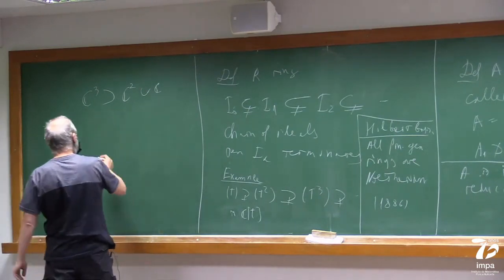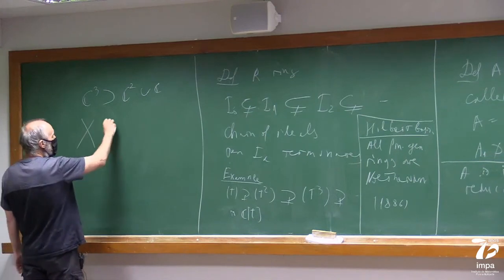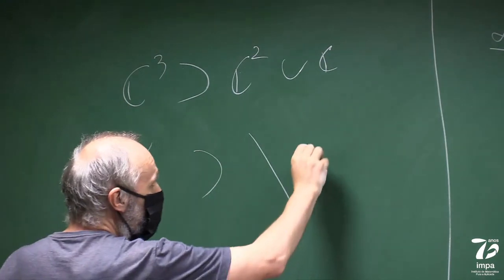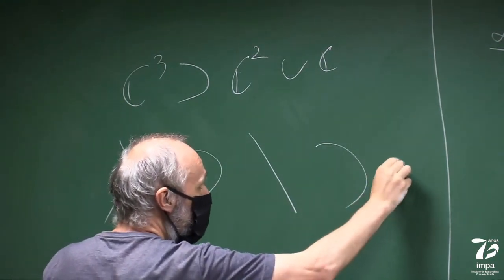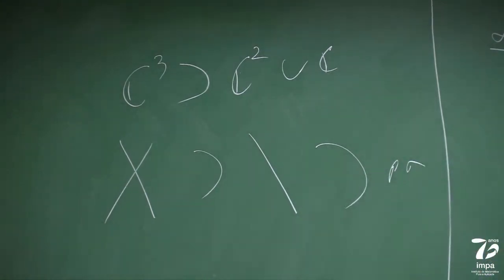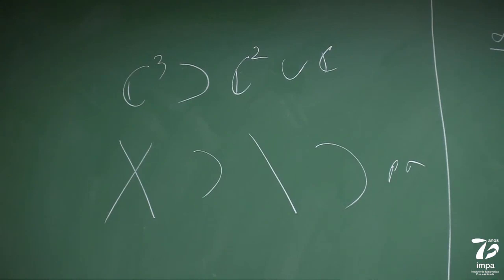Or you can have a union of two lines which contains a line, and the line contains a point. These are the kinds of scenarios which might occur, but they all terminate because you either drop an irreducible component or you drop dimension. This is just geometric intuition.